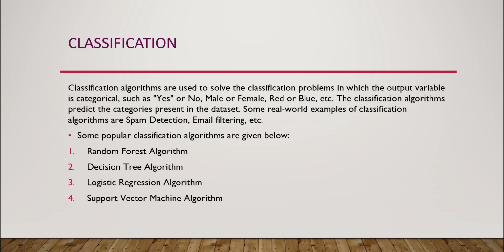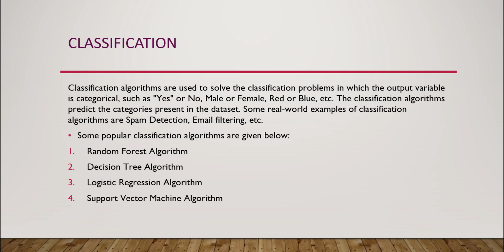So in classification, if you're classifying objects or classifying emails between different categories, it is called classification. If you have two classes, then it is called binary classification. And if you have more than two classes in your machine learning model, then it is called multi-class classification, because you have more than two classes.